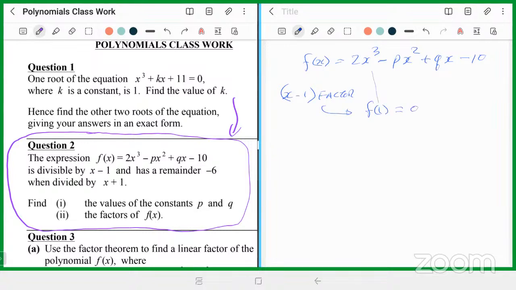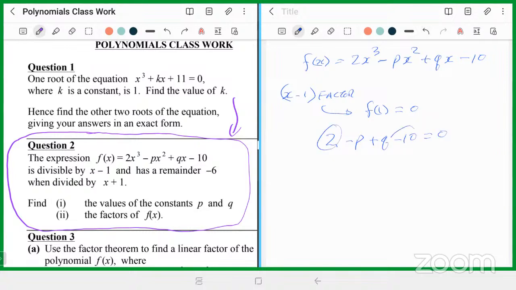Means that we'll plug 1 in there for the x, we equate it to 0. That's going to give us one equation. Plug the 1 in there, we're going to get 2. Plug the 1 here, it's going to become 1 times minus p, we get minus p. Plug the 1 here, we're going to get plus q. This minus 10 comes back, and that is all equal to 0.